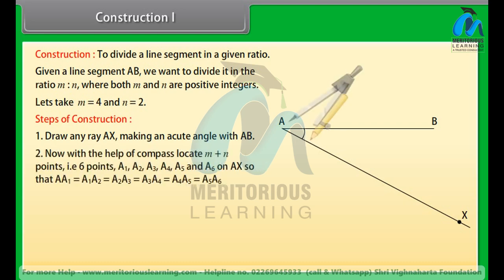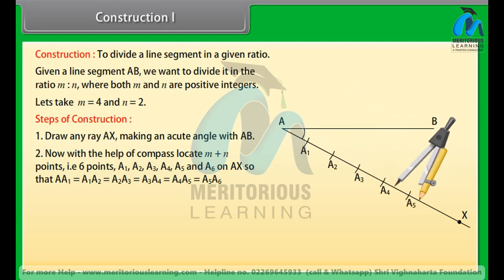Now with the help of a compass, locate m plus n points, that is 6 points, A1, A2, A3, A4, A5 and A6 on AX so that AA1 = A1A2 = A2A3 = A3A4 = A4A5 = A5A6.